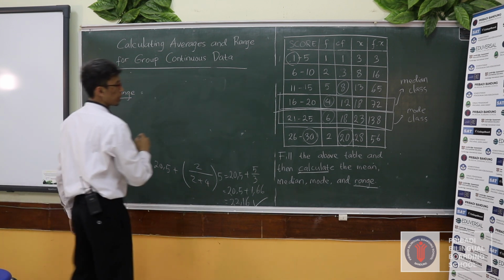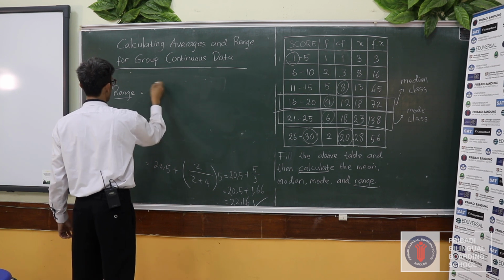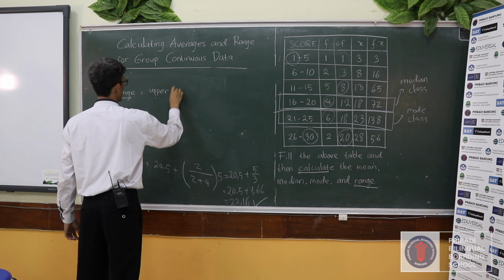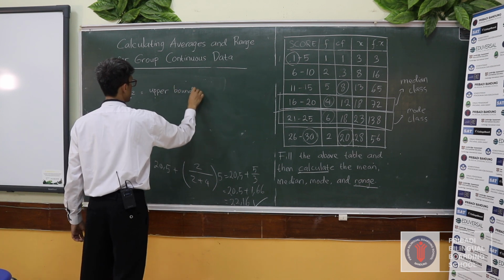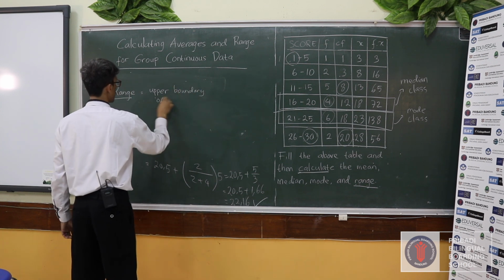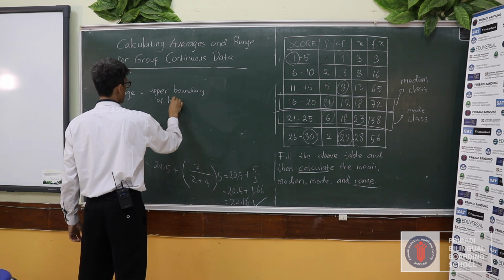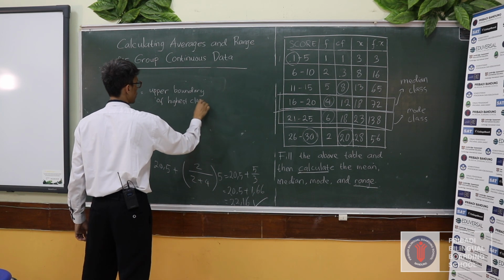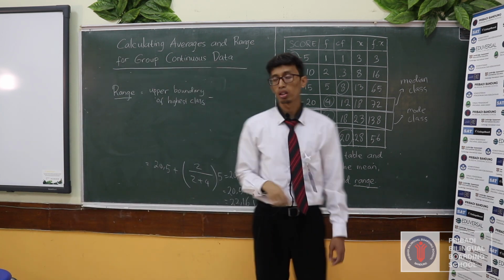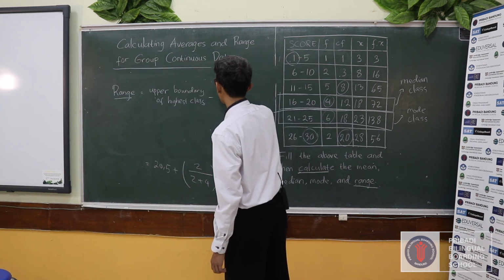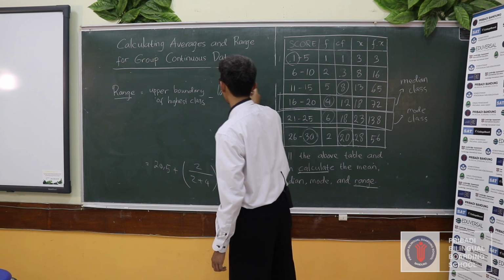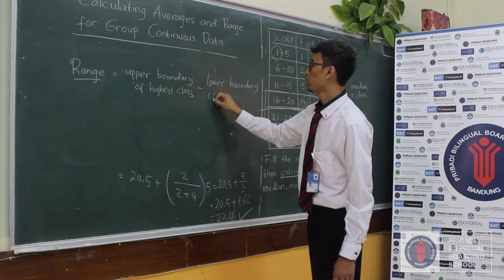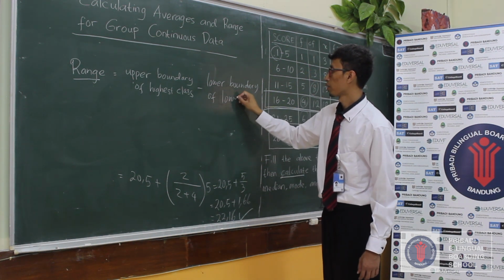Okay, we are going to find the upper boundary of the highest class, and then subtract it with the lower boundary of the lowest class.